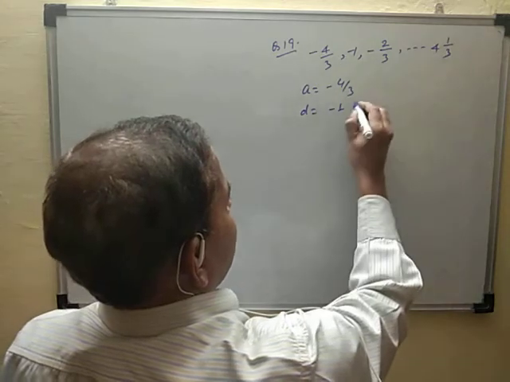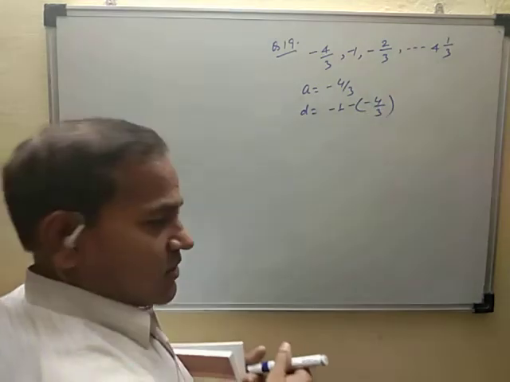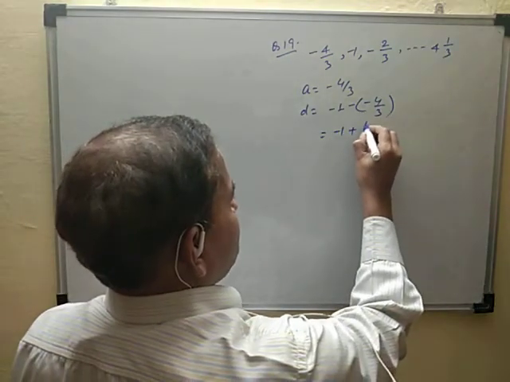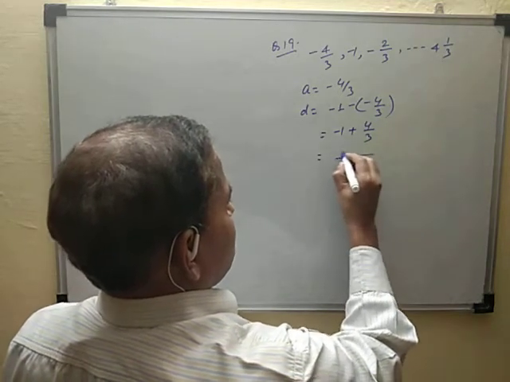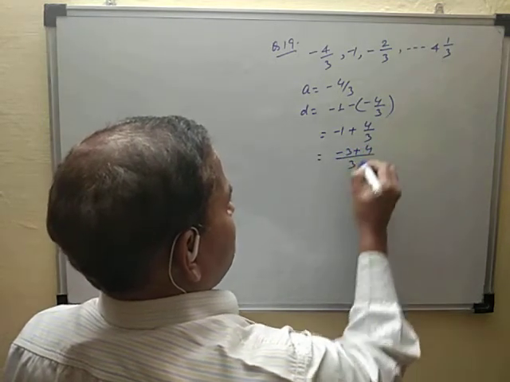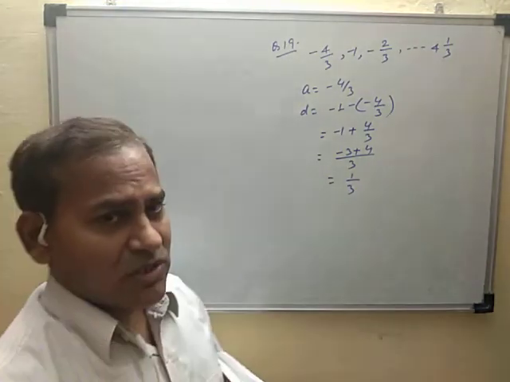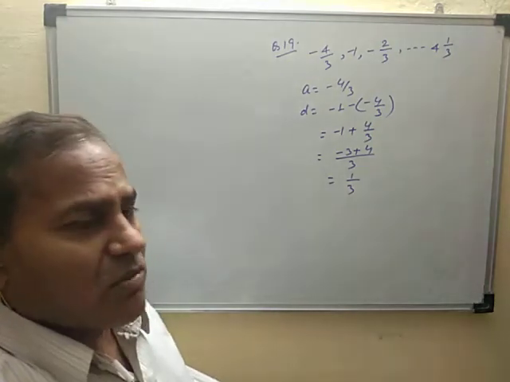Second term is minus 1 minus first term. First term is minus 4 by 3. Now simplify. So minus 1 plus 4 by 3, taking LCM, minus 3 plus 4 is equal to 1 by 3. 4 minus 3 is equal to 1. So this is the common difference.